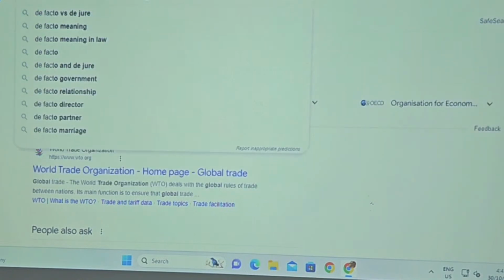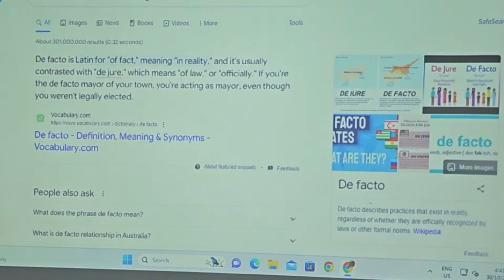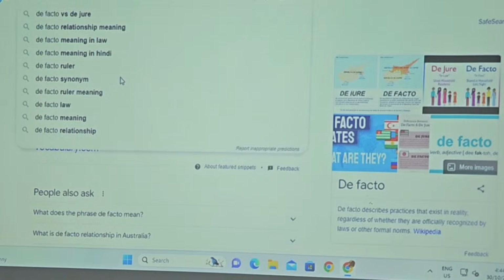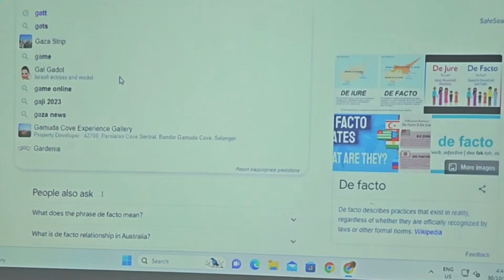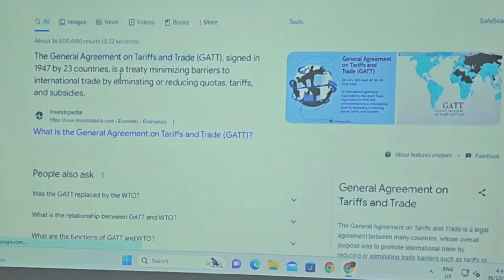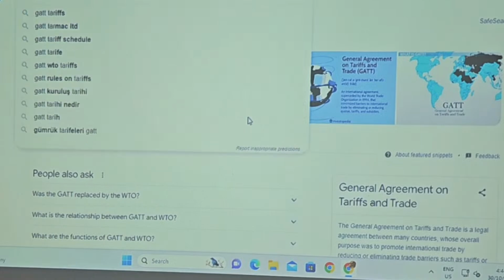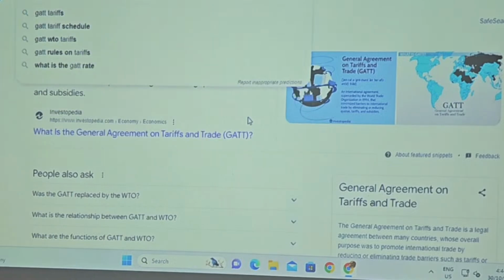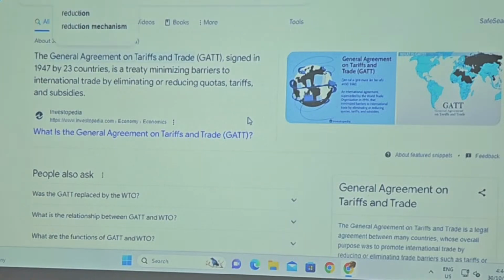I don't know why they're using French, de facto. So GATT, already there, became the de facto mechanism that supervises international trade reduction, an agreement to reduce tariff.